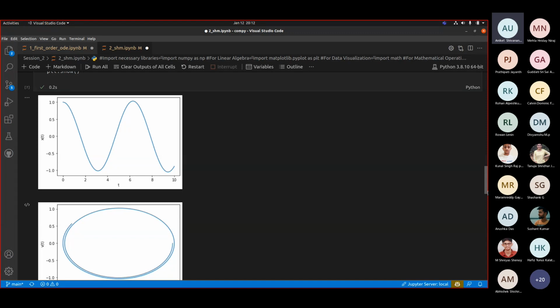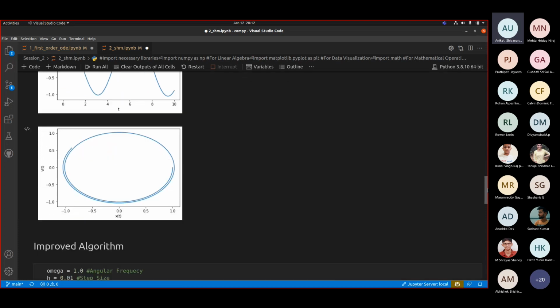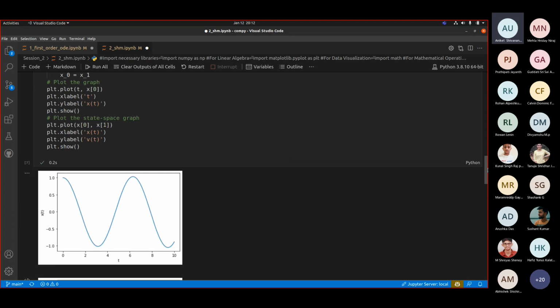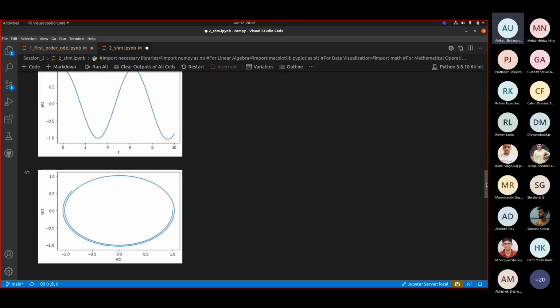Even though the algorithm itself is wrong, vectorization makes it a little bit more precise. Why, you can go and research; that has to do with more computer science and physics really. I want you to leave this as an exercise to find the improved algorithm in a vectorized form.